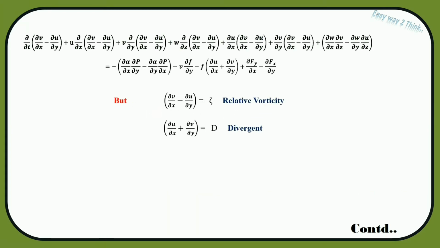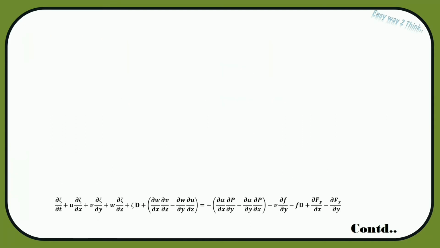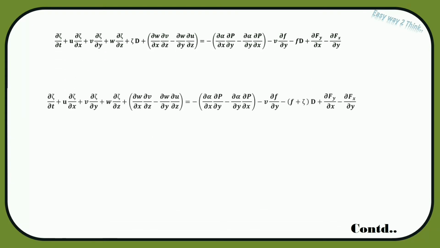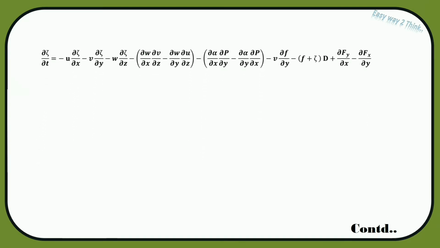Replace the relative vorticity term and divergence term by zeta and D. By arranging the equation we get the final relative vorticity equation.